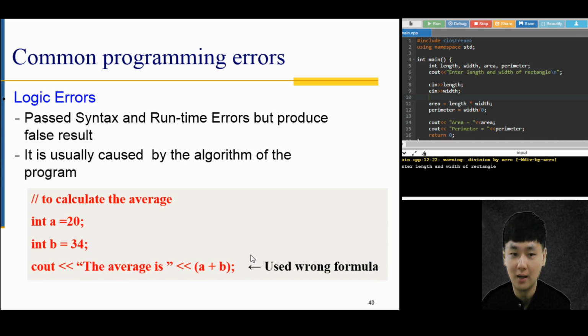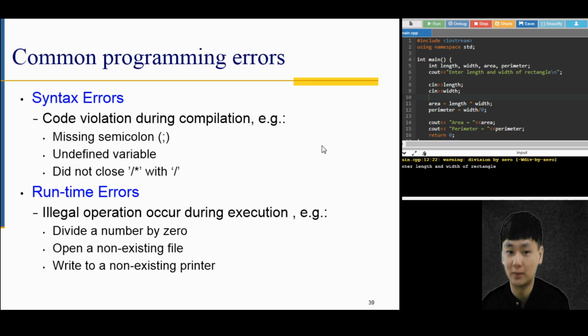But in this case, somehow I made a mistake. I just put a plus b. So it will give me the output a plus b equal to 54, right? So it still produced a result, but the result is wrong, it's false, because I used the wrong formula. This is a logic error. In a logic error, it will still produce a result, but it's wrong. In the previous cases, syntax and runtime errors will not produce any result for you. It will just throw you the error without providing any result.